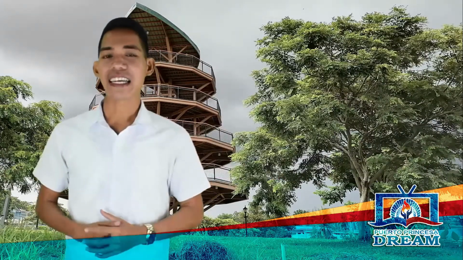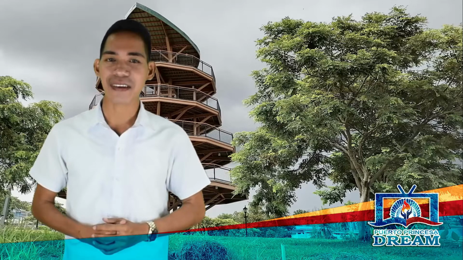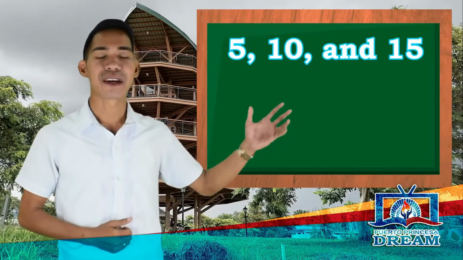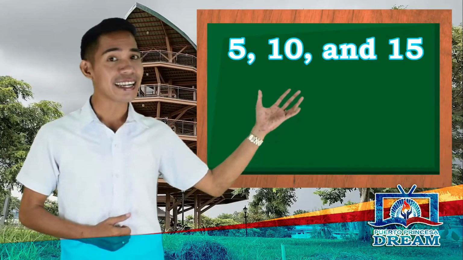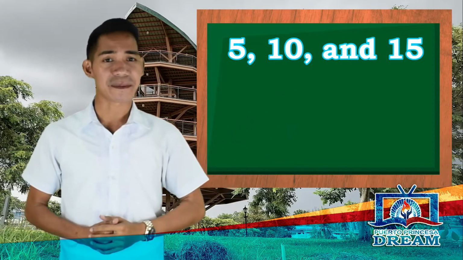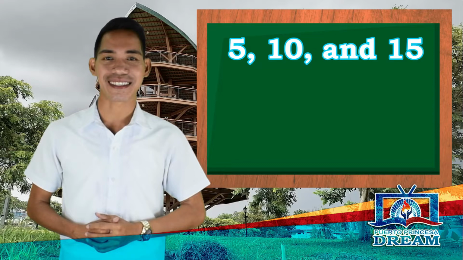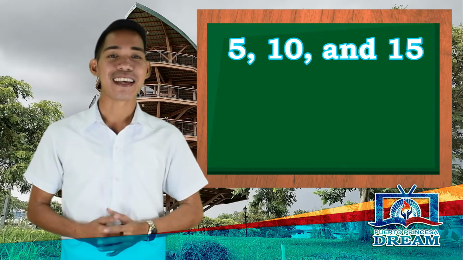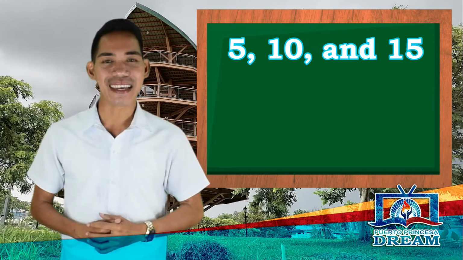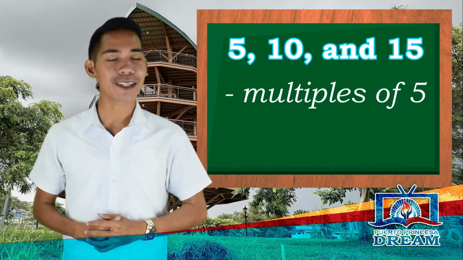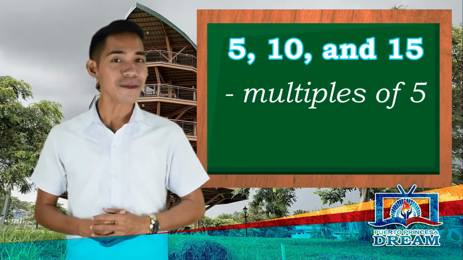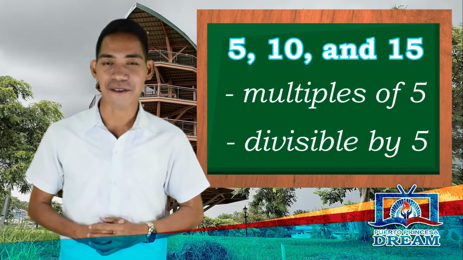How about if we are given the following set of numbers? 5, 10, and 15. What is common among these numbers? You are correct. These numbers are multiples of 5 and therefore are divisible by 5.